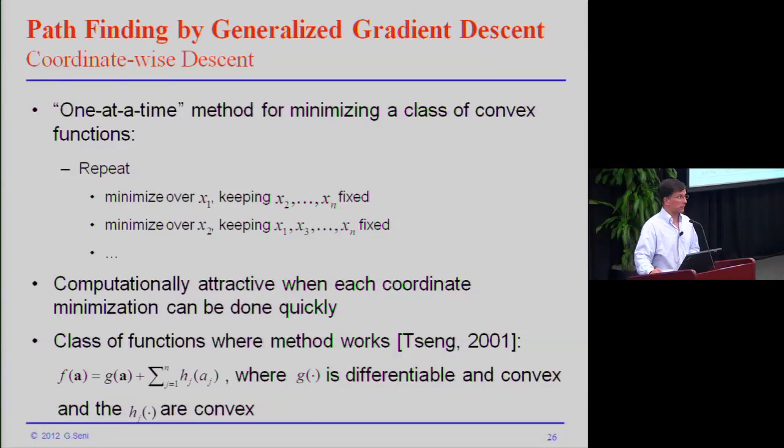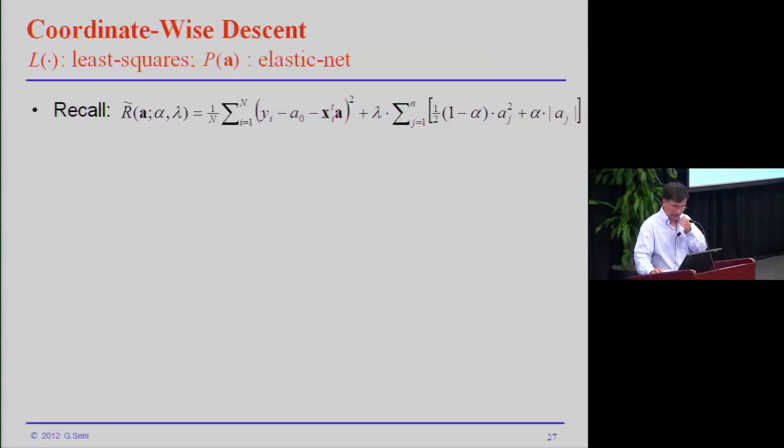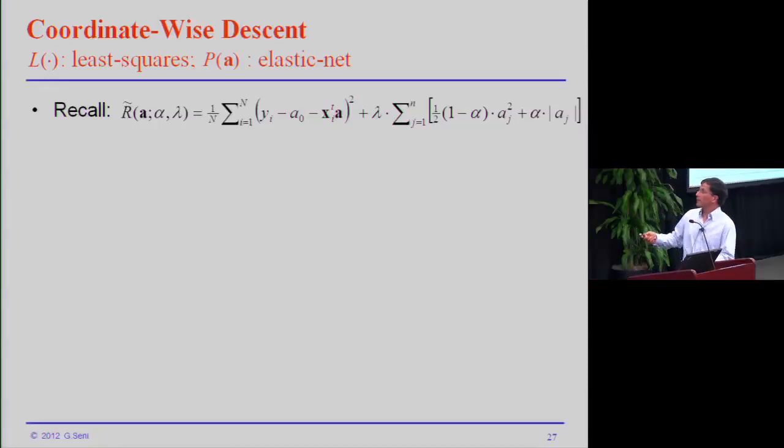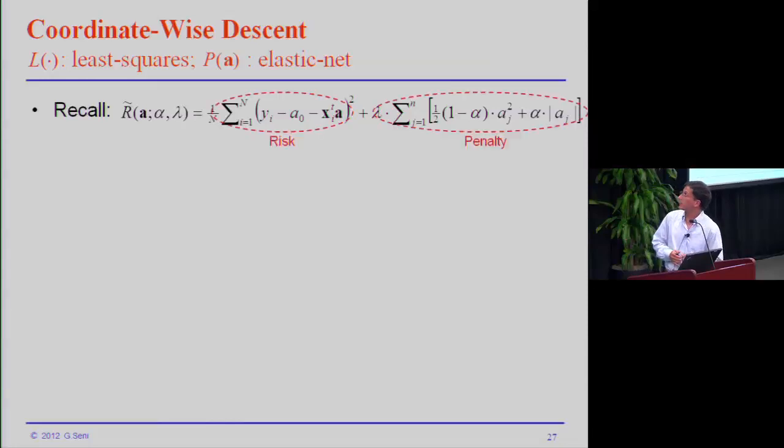So let's look at the special case of the loss being least squares and the penalty being the elastic net, right? We were calling the combined expression R tilde, and the first part is just the risk when the loss is a square error loss. And the second part is just the elastic net penalty.